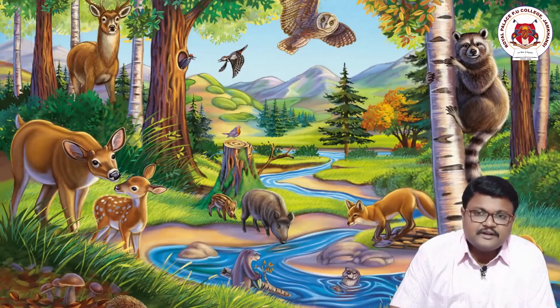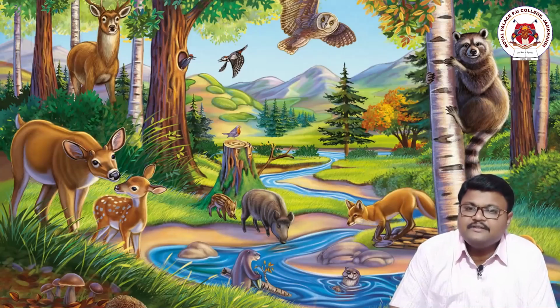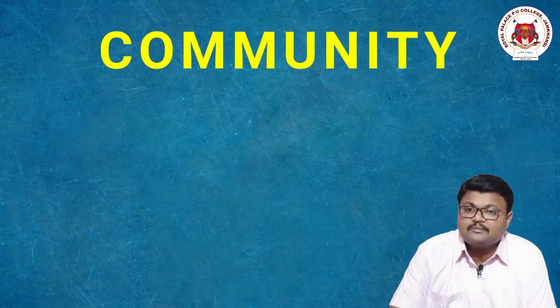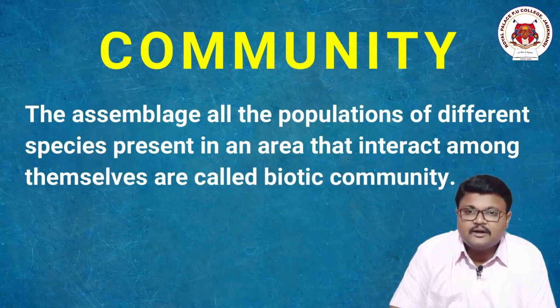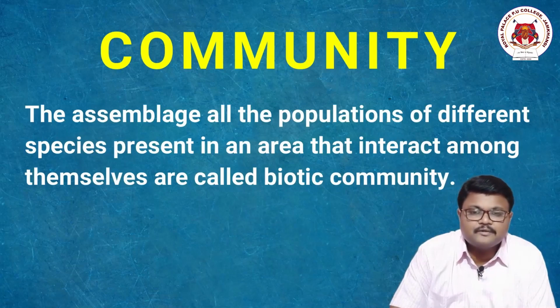Is it concerning only the plants, or only the different animals? How actually is it going on? It is the study of communities. So in short, community is nothing but a group of different populations of species. Community includes different populations of different species, which are of course present in the same geographical area.